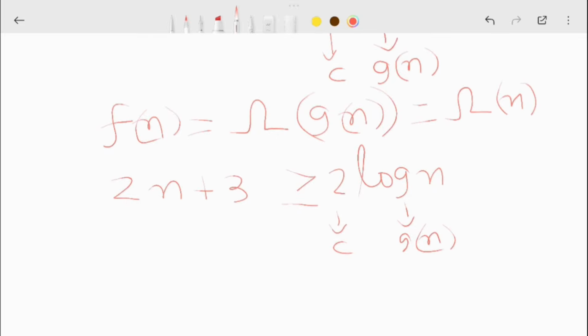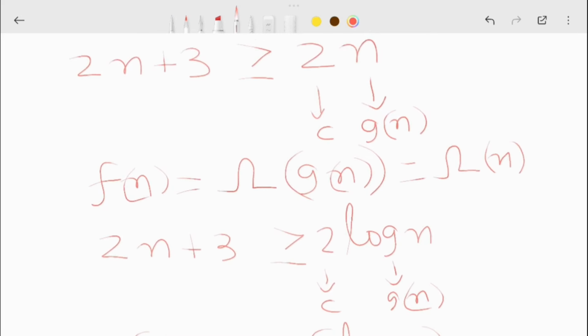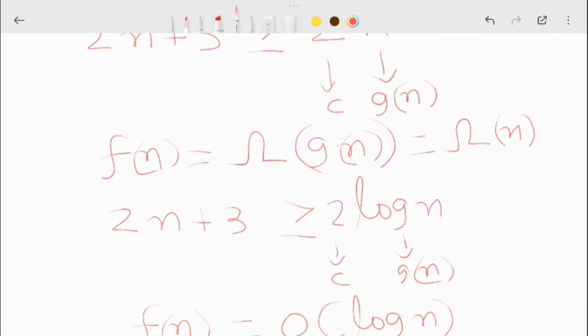So this f of n can also be represented as big omega of log n. This is also true. So big omega of n, big omega of log n, this is also true.